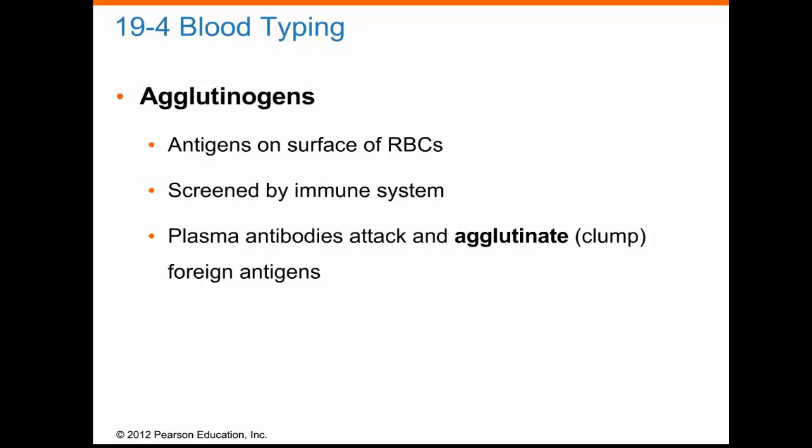Now, agglutinogens are also on the surface of red blood cells, and they're screened by the immune system. And these plasma antibodies attack and agglutinate foreign antigens. So they cause blood to clot. This is where you as a registered nurse play a really important task when you are checking blood groups for patients who are going to have blood transfusions.